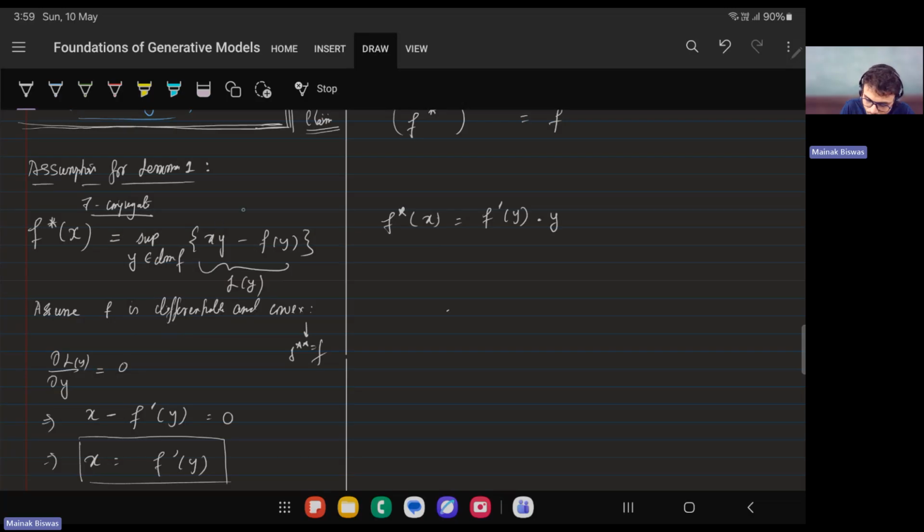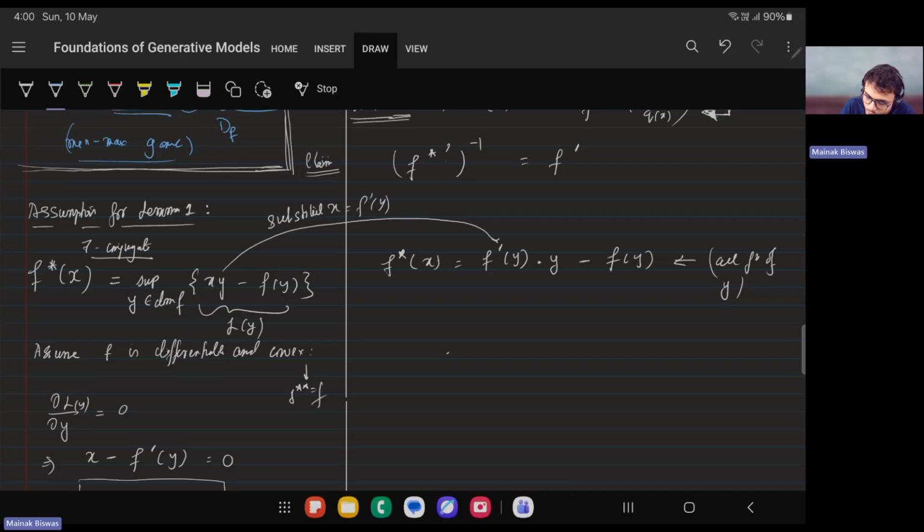I'm just substituting the value of x: x is equal to f dash y into y minus f of y. So you can see this is all a function of y now on the right hand side. But what we need really is the derivative with respect to x.